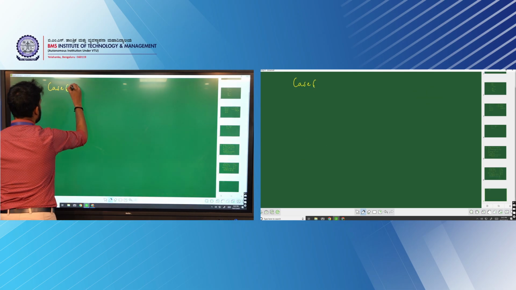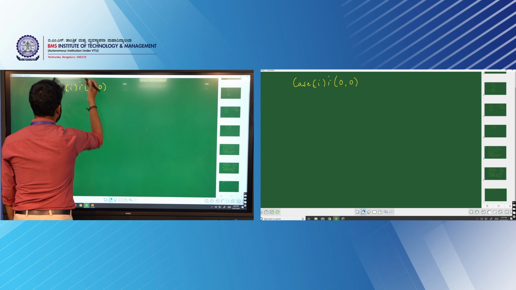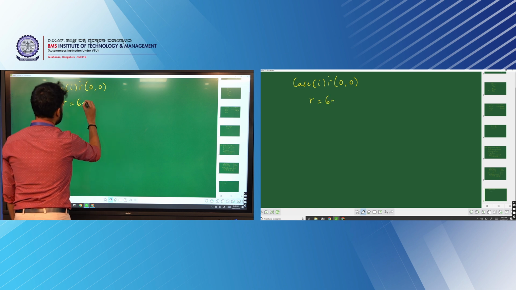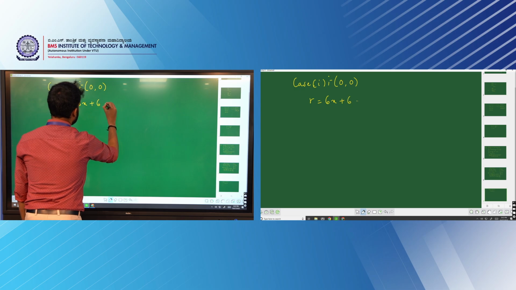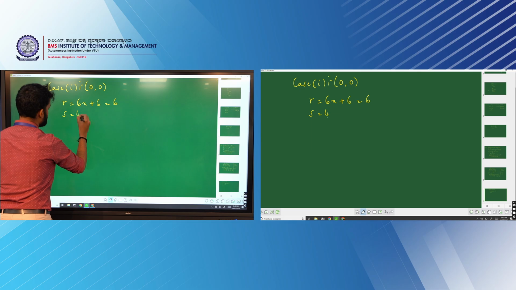So let's consider the first point 0, 0. So r was 6x plus 6, which is going to give us 6 at the point. S and t are not going to change. S was 4 and t was equal to 2.